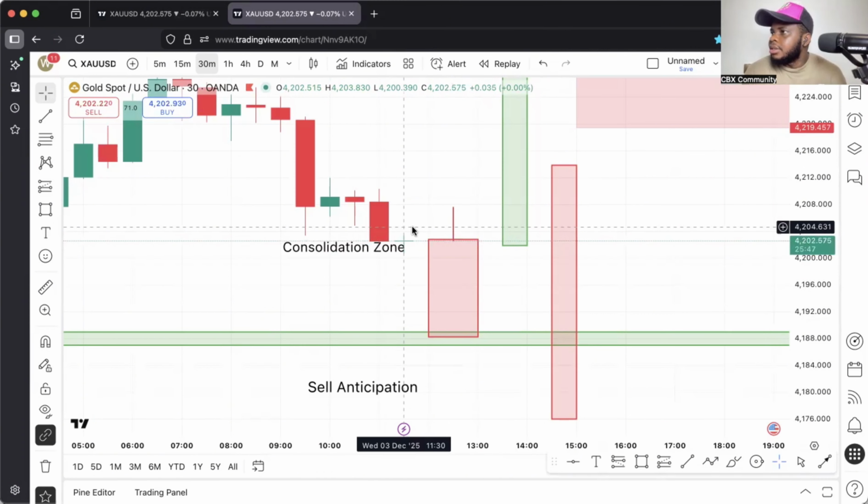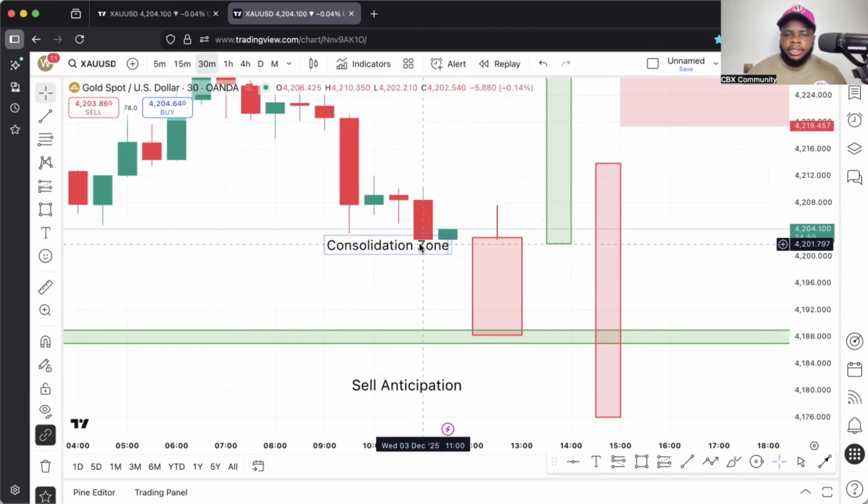We don't need to do anything. So this candle has broken the low of this bearish candle.